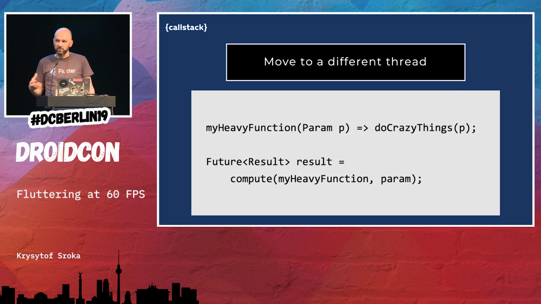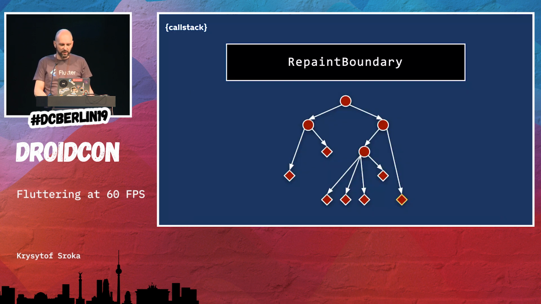And what we can do is use the compute method. The compute method will start our task in a separate thread, forking from the UI thread, and it is going to return a future result once it's, of course, complete. But it's not going to block the UI thread, and it gives us the opportunity to render faster.